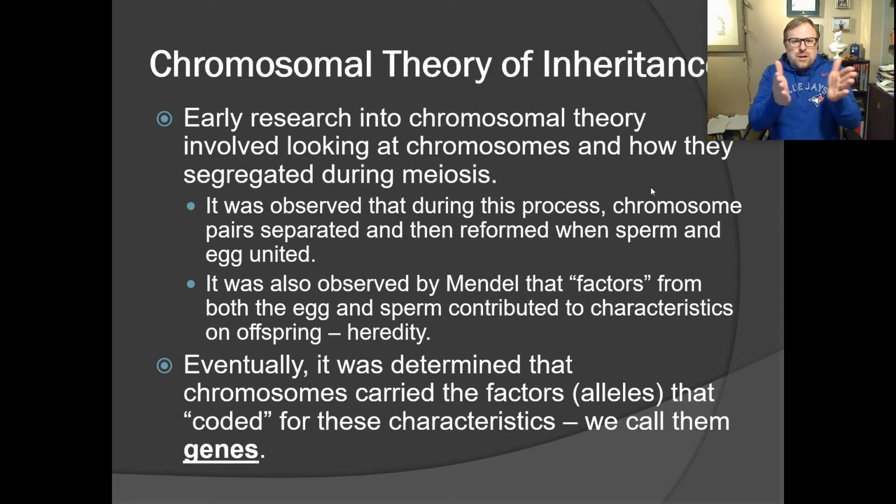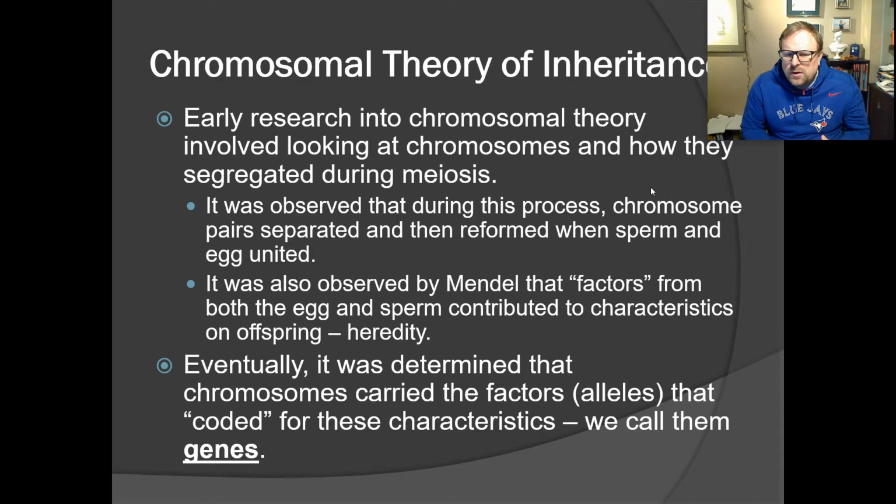We have segregation, independent assortment, all of that stuff happens during meiosis where we line up along the metaphase plate, and those pairs of chromosomes, one pair from your mother, one pair from your father, get separated. That tetrad gets separated, but it could be mother, father, or it could be father, mother, right? Depending on the situation.